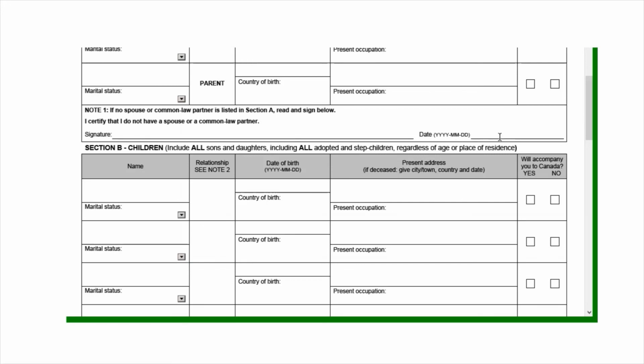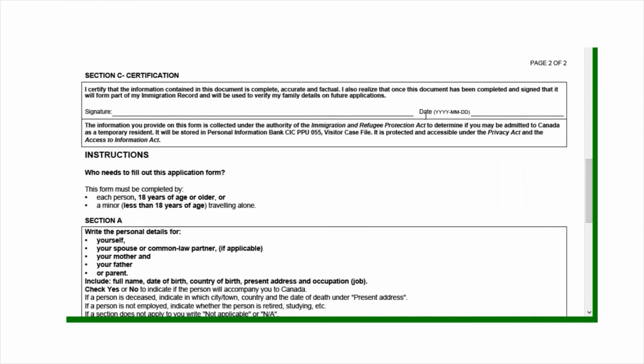So fill this correctly. And then here you fill in if you don't have any child, either natural, adopted, or stepchildren. You sign off and you put the date. Okay? And then you certify that all the things you've put here are correct, and you put the date. And that's the end of it.